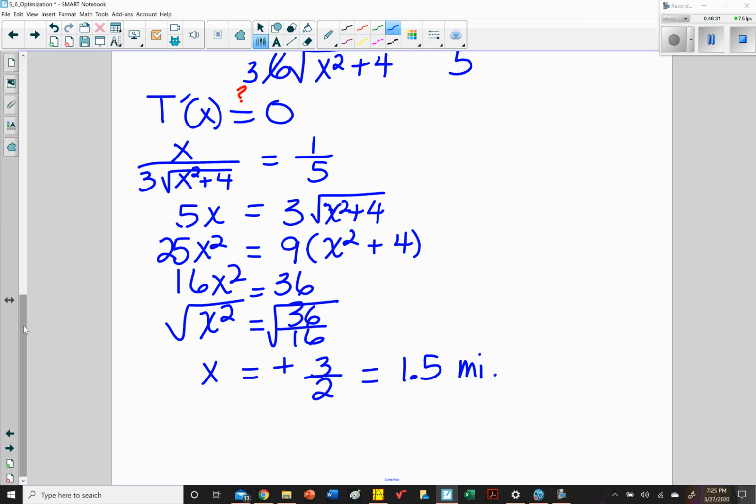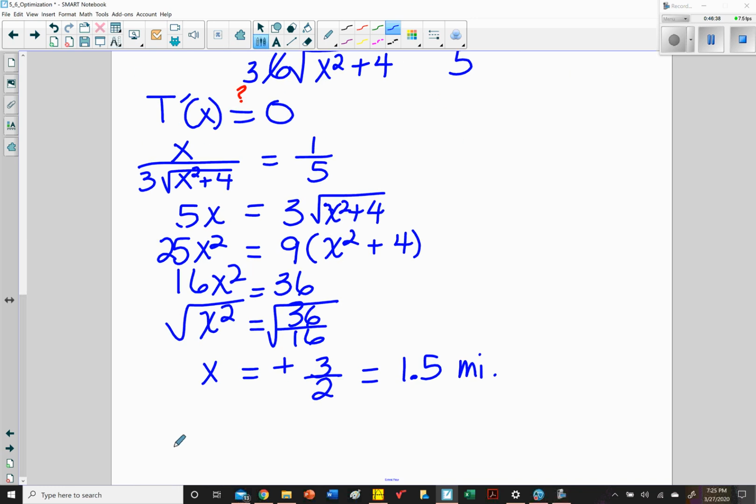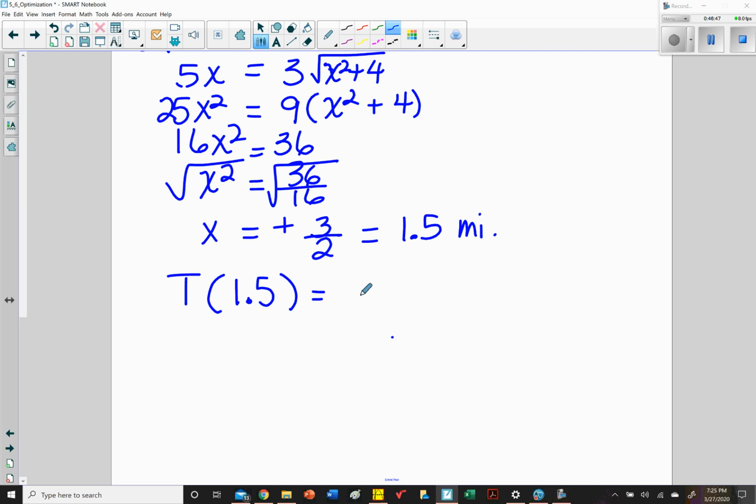So we want to stop right here at a mile and a half. So what's the time at 1.5? Well, time was the square root of 1.5 squared plus 4 over 3 plus 6 minus 1.5 over 5.